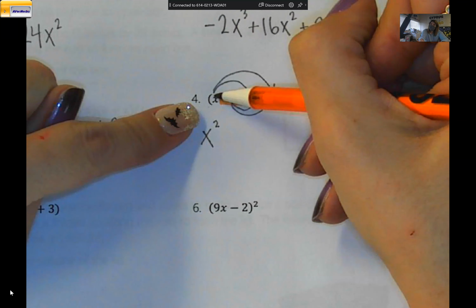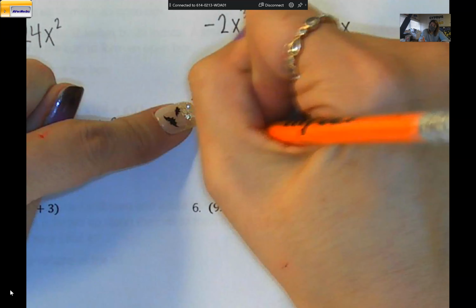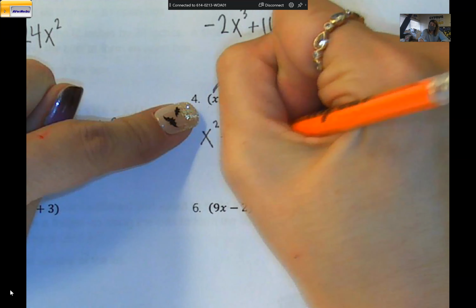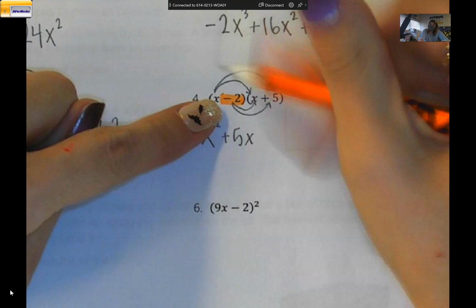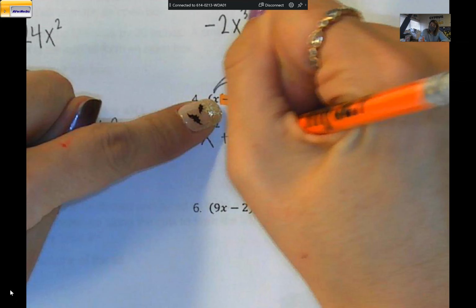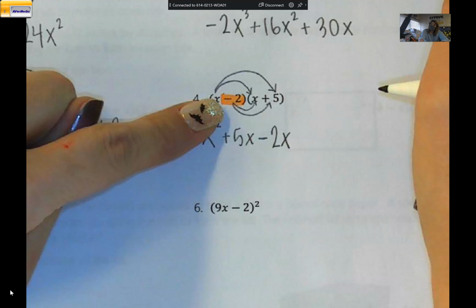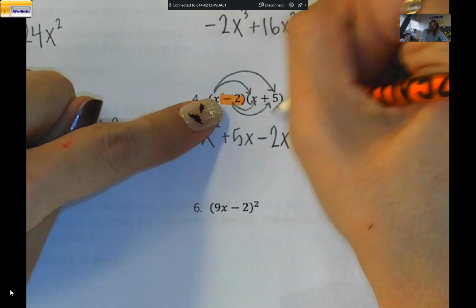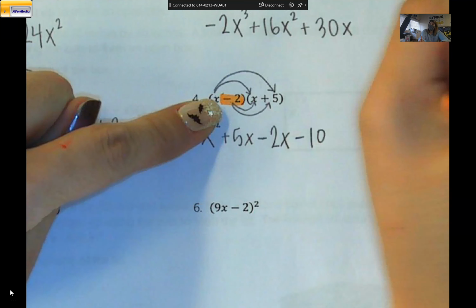Then back over here at the x, I have x times 5. That's going to give me a plus 5x. Underneath, we go negative 2 times x. That's going to give us negative 2x. And then negative 2 times positive 5 is going to give us a negative 10.